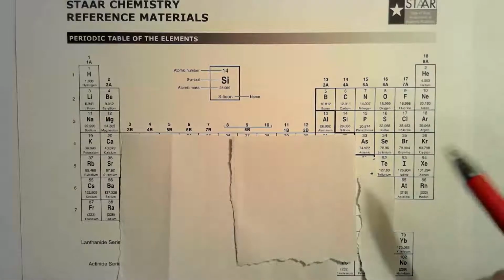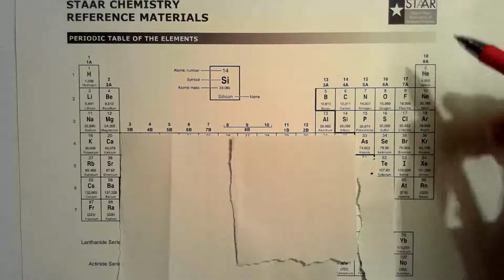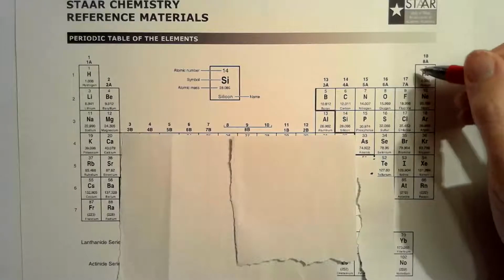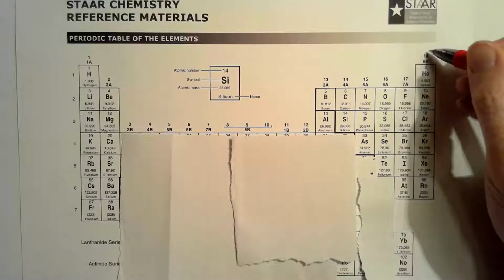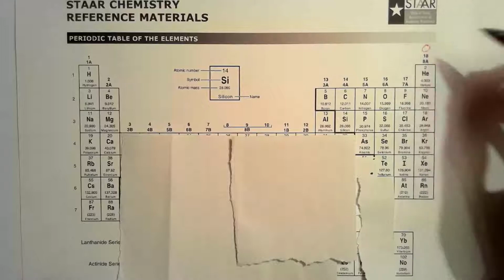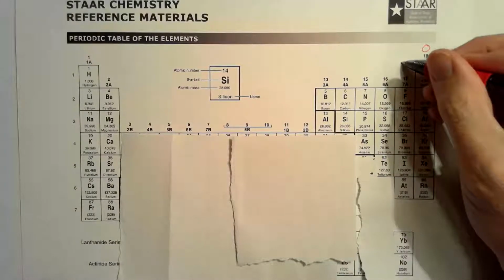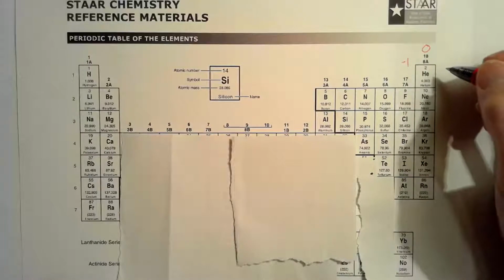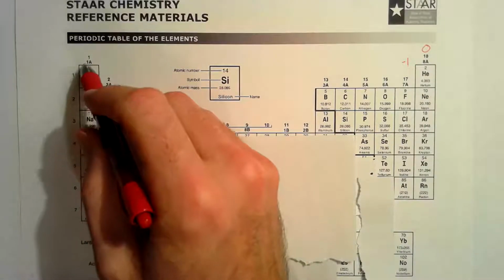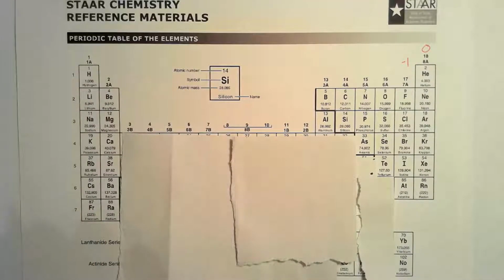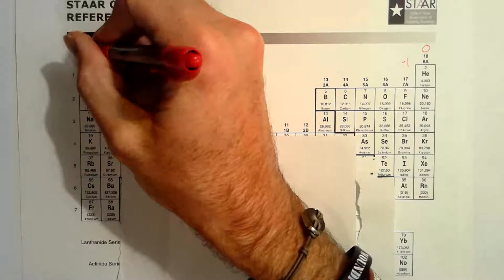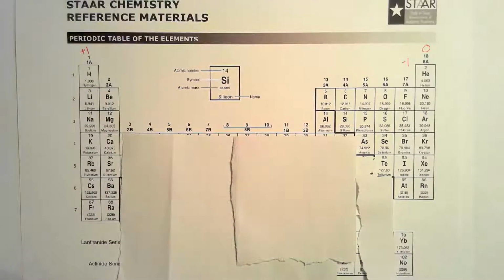I can find easily what charge it has just by looking at where it is. So I know the noble gases have a charge of 0. And I know the halogens have a charge of -1. If I go to the other side, the group 1 elements have a +1.